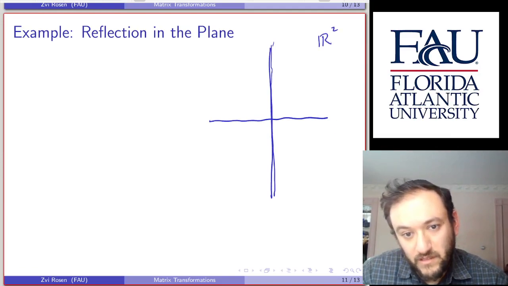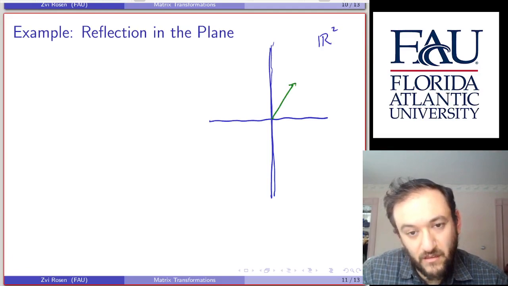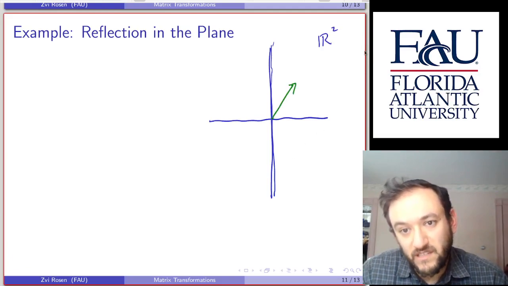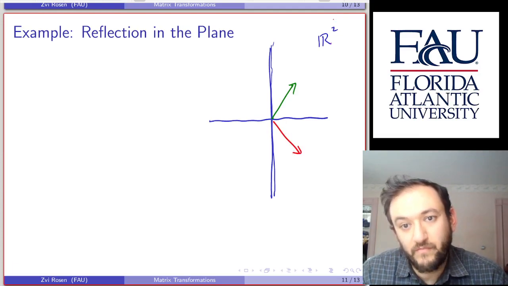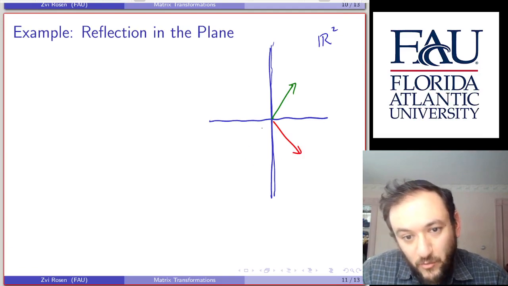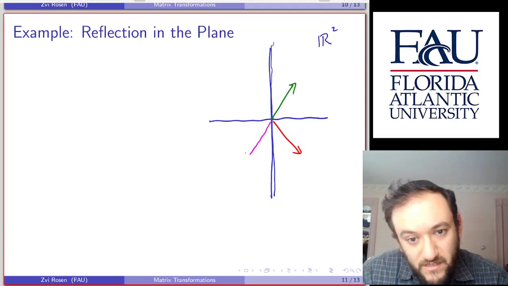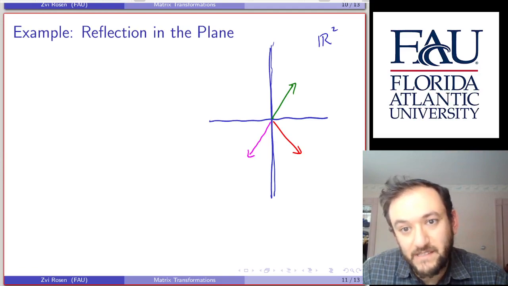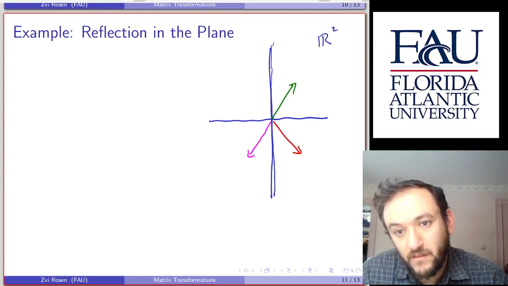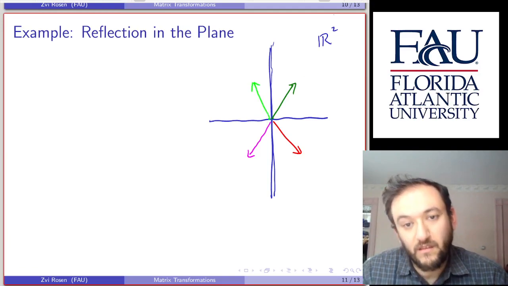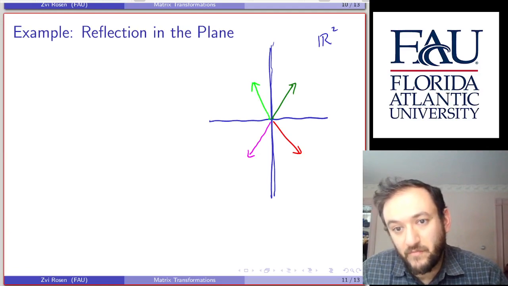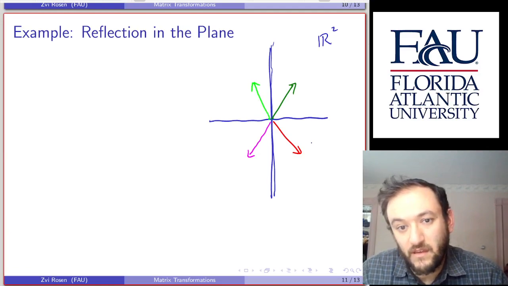And now let's say we have a vector here, and let's make another vector here. Okay, and we want the outputs to be reflections across the y-axis. And let's make this slightly different color.